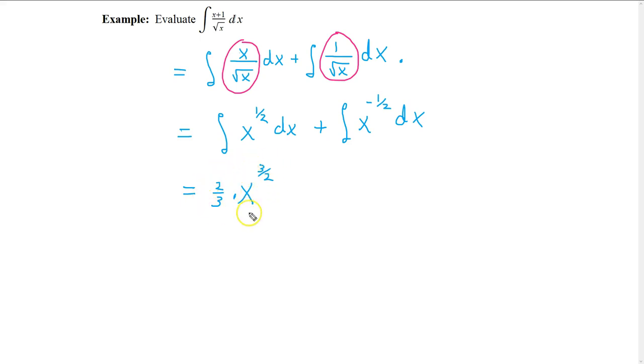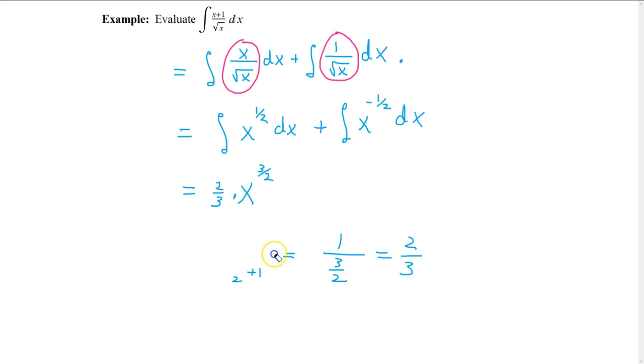So there, the derivative of this function will be x to the 1/2 power. That's the same as just following the rule 1 over n plus 1. In this case, my n is 1/2, so that's 1 over 1/2 plus 1, which is 1 over 3/2. And notice that this is just 2/3. So that's where the 2/3 comes from. We are still following the 1 over n plus 1 rule.